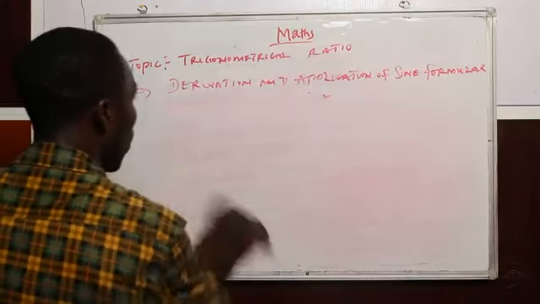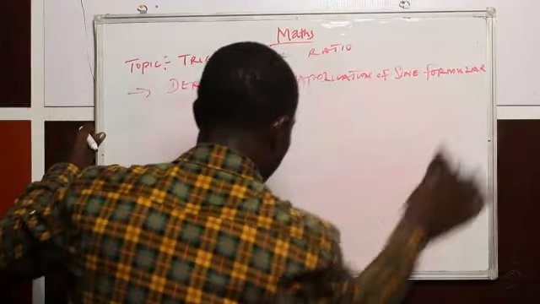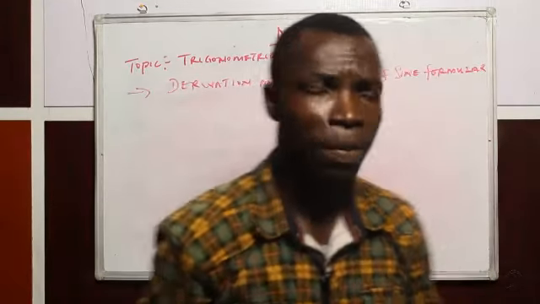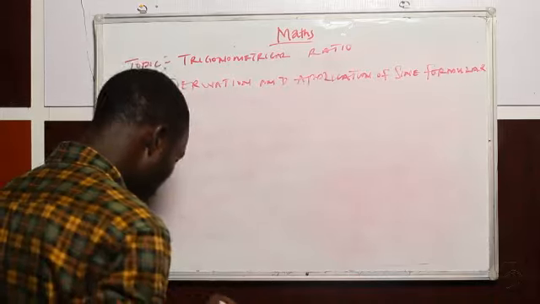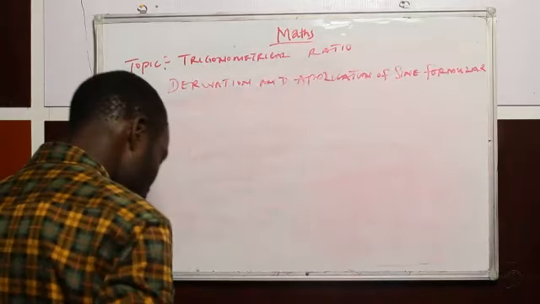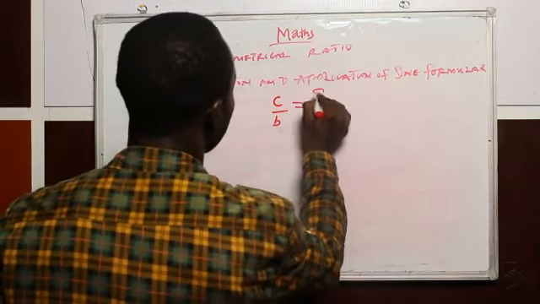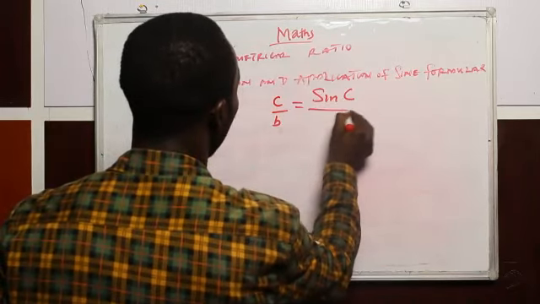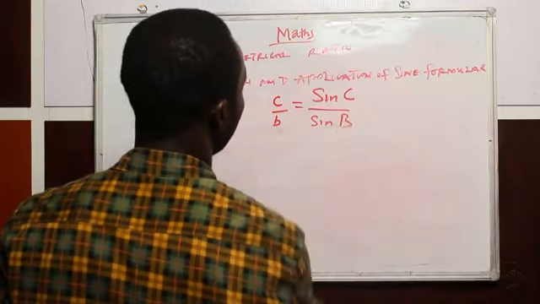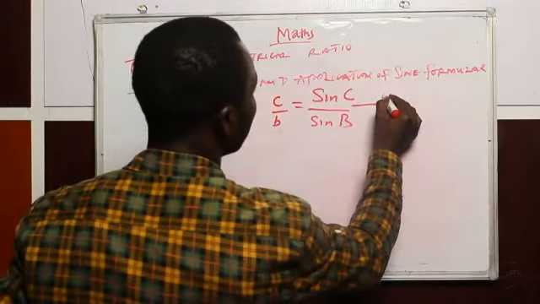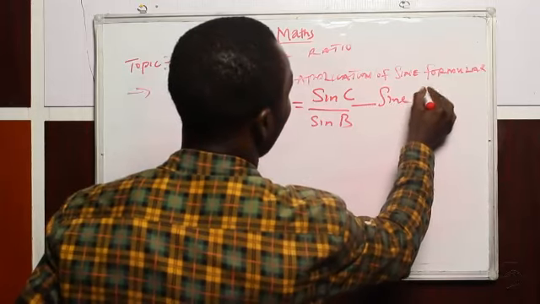We have derived the formula, now we have to apply it. Remember, when we proved our formula, it gave us c over b equal to sine C over sine B. This is the formula we proved, and it is the sine formula.